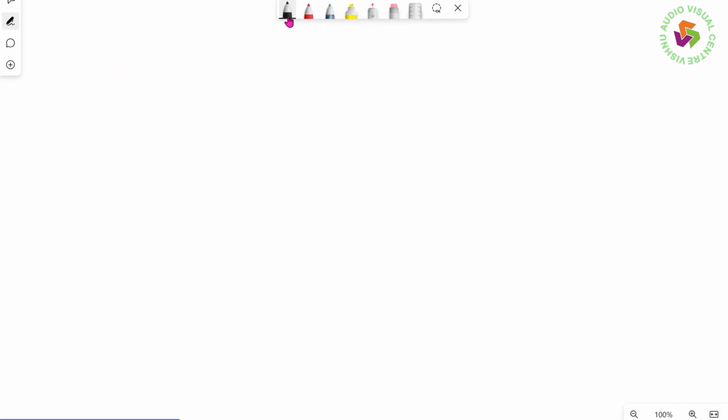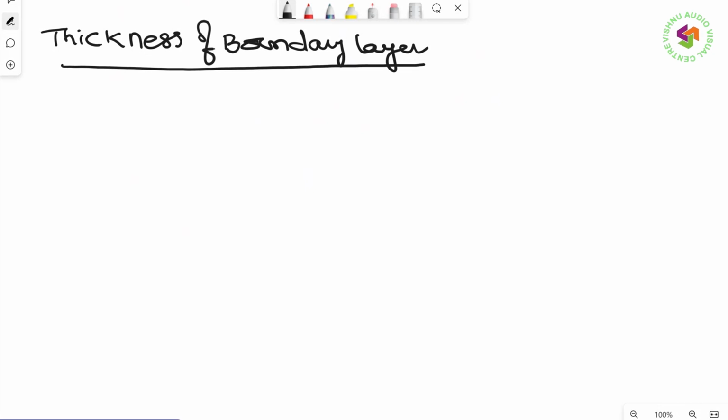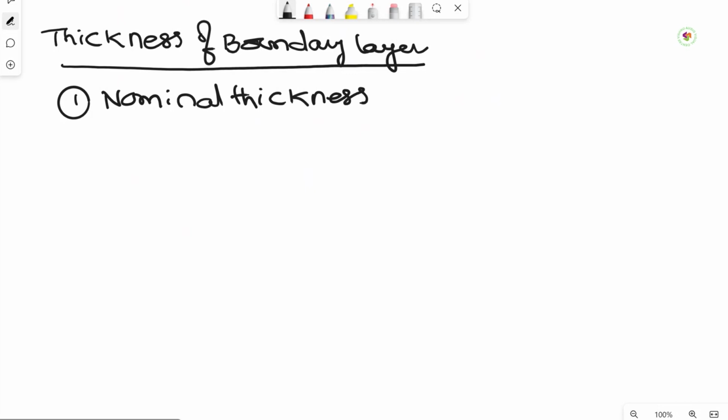Now the next question is, what is the thickness of the boundary layer? Mathematically, there are several definitions. The first one we call nominal thickness. The second one is displacement thickness.